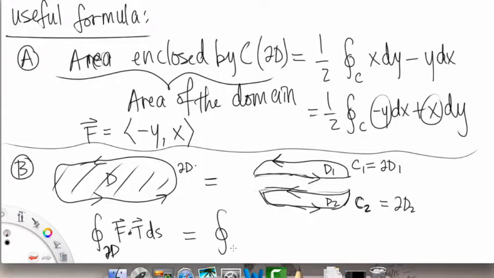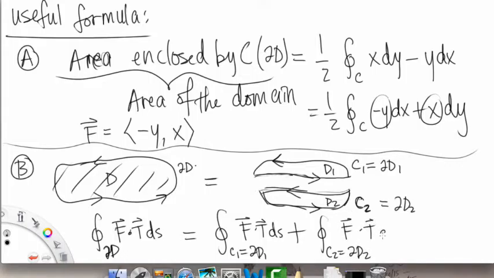So in this case, that would be C1, or you could consider that boundary of D1, either way you want to write it, and then this will be the line integral again, plus the integral over C2, which is the boundary of D2, of f dot t ds. This is, I believe, called the additivity property.